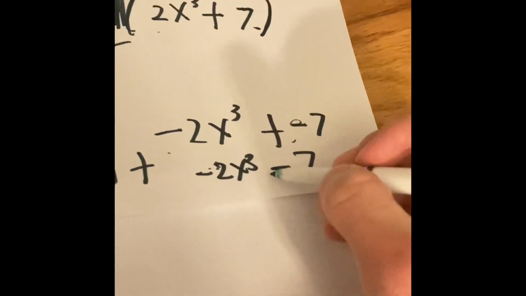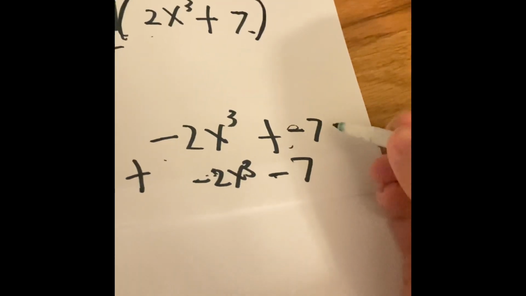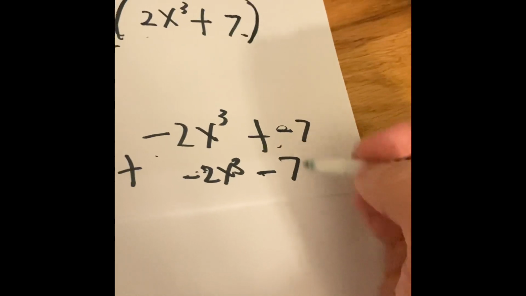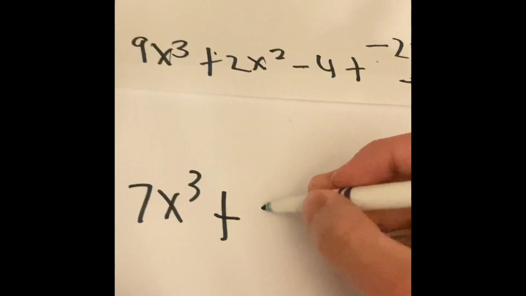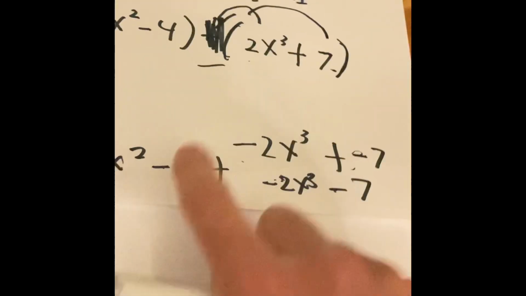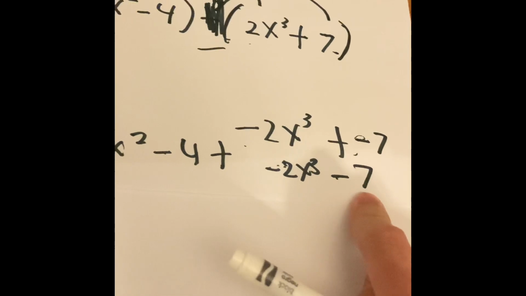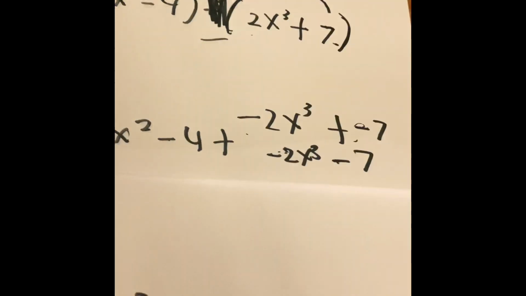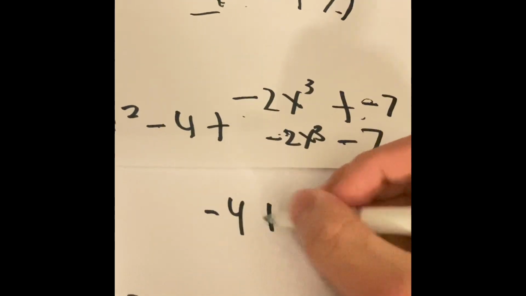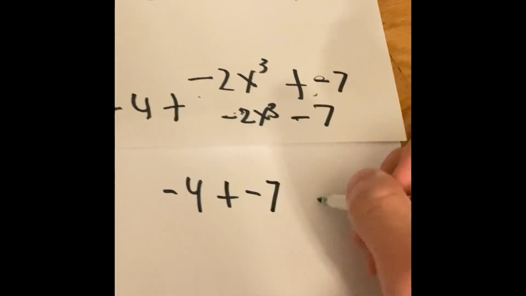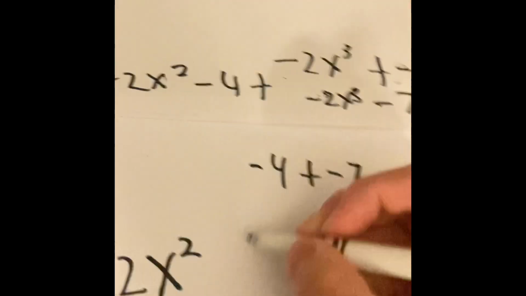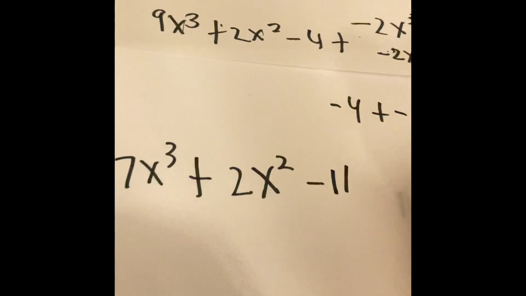There isn't anything on the right side with the square on it, so we're just going to write 2x squared because it's being added by nothing. Then negative 4 added to negative 7 becomes negative 11, so minus 11.